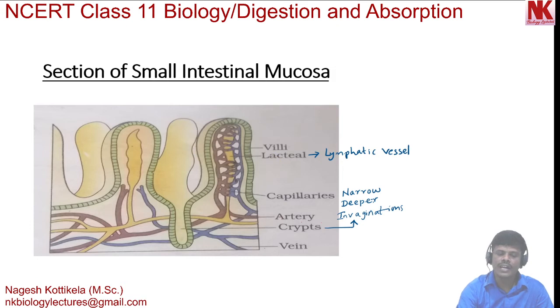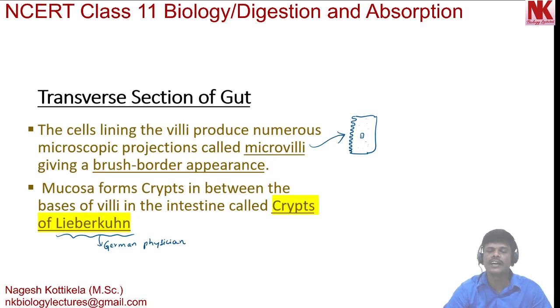Okay. Now here you can see one more very important feature, the cells that are lining the wall of the villus. These cells have numerous microscopic protoplasmic projections. I have drawn here one single cell to explain you in a better way. You can see here, this is one single cell.